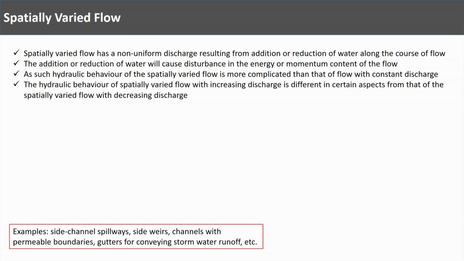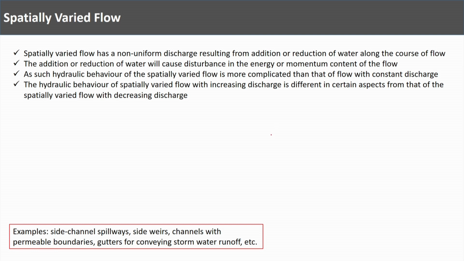We'll derive the governing equation for spatially varied flow. Now let us see what spatially varied flow is. Spatially varied flow has a non-uniform discharge resulting from addition or reduction of water along the course of flow. What does it mean?